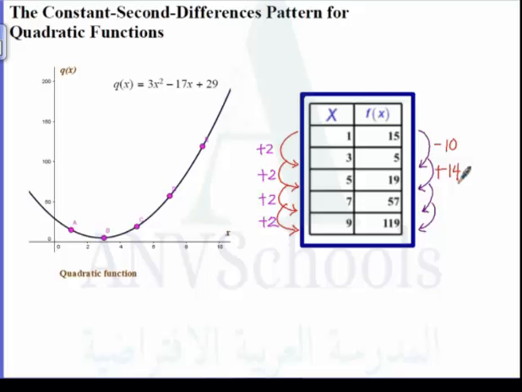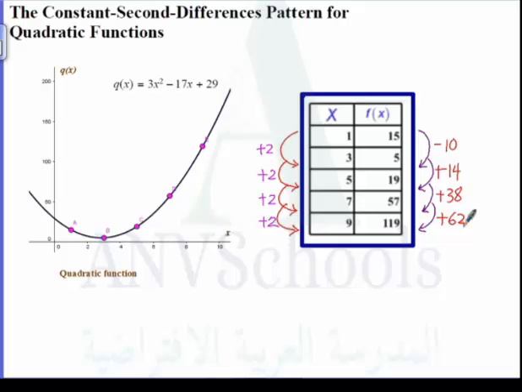And then the next one gives 38, so plus 38. And the next one gives us 57, 119, so that's 62, right? So plus 62. Okay, we couldn't see any pattern in here. We have negative 10, positive 14, 38, 62. It doesn't show any pattern yet.